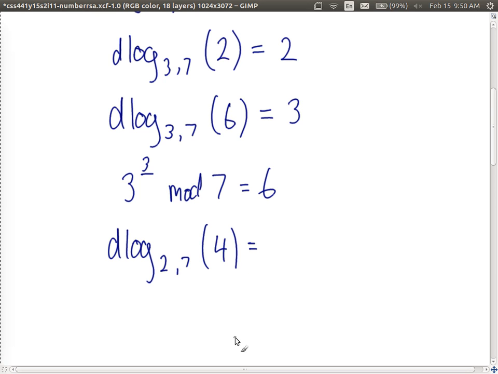Think about the exponentiation operation. 2 to the power of something, mod 7 equals 4. What is that something? 2? Anyone else with an answer? 5? Someone said 2, someone said 5. Let's check.